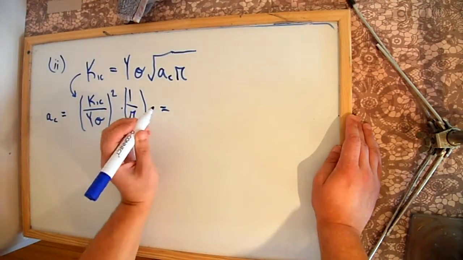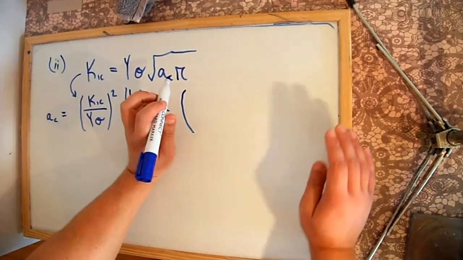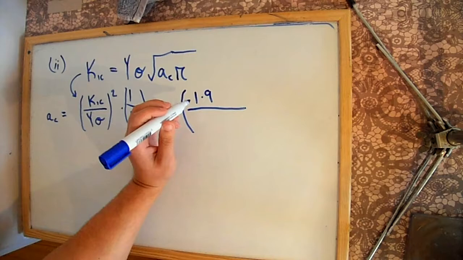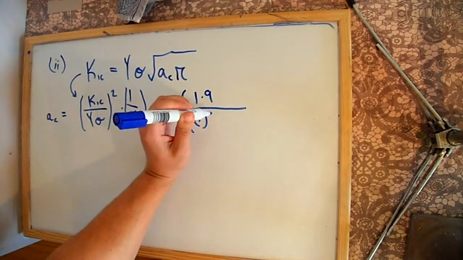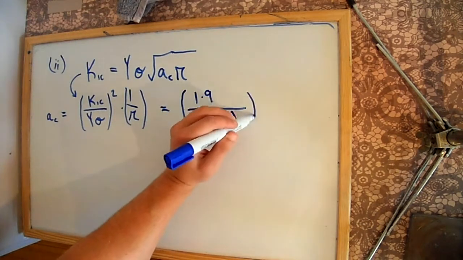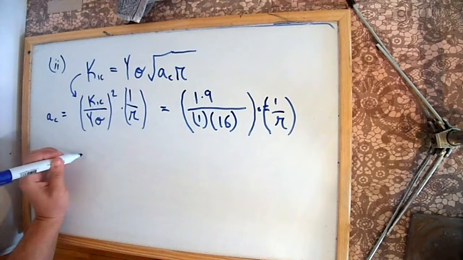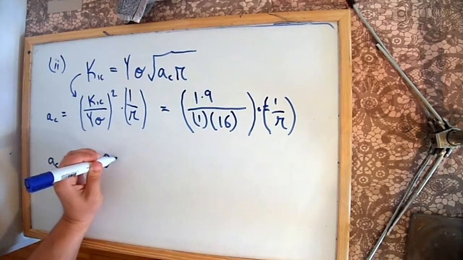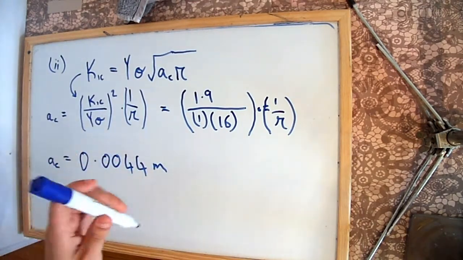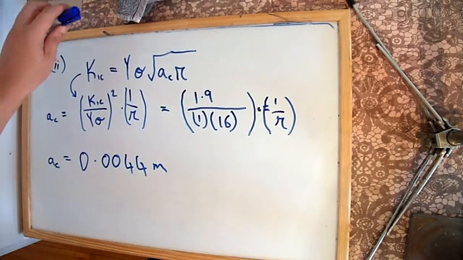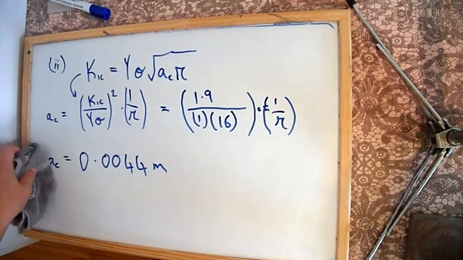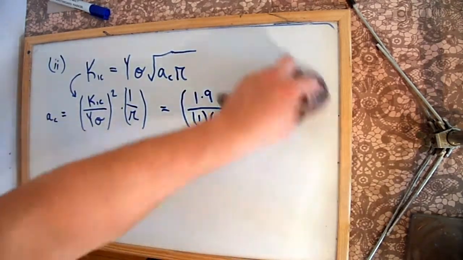So when we input the values, we get 1.9 divided by 1.16. When we work that out, we have 0.0044 meters. So now that's our critical crack size that we can put into the equation that we solved in part 1.